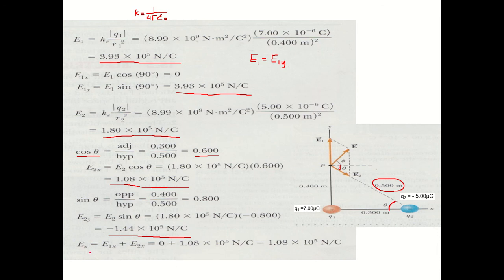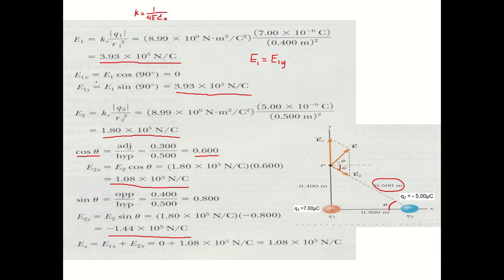So to get the resultant of all the horizontal components, the x component, you just add. We have the total x component of the electric field: E sub 1x plus E sub 2x.